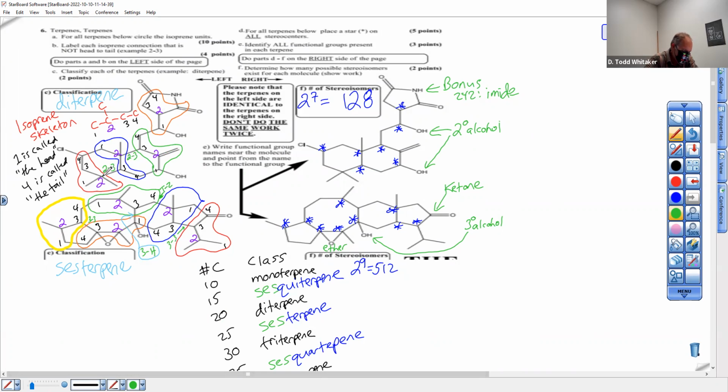And I mean, they gave us the numbers to give us these. So you really should do the 1, 2, 3, 4 because it helps you with the connection question. And then make sure you copy the stereo centers and the functional groups. And that's all for today. I guess we had a lot of technical issues this morning, huh?